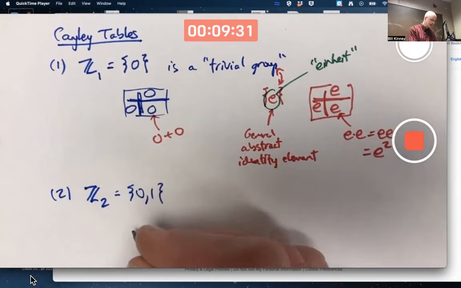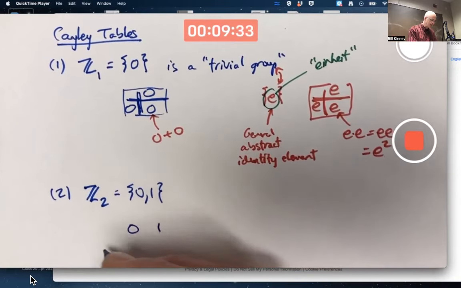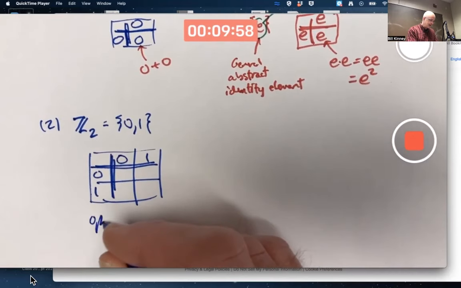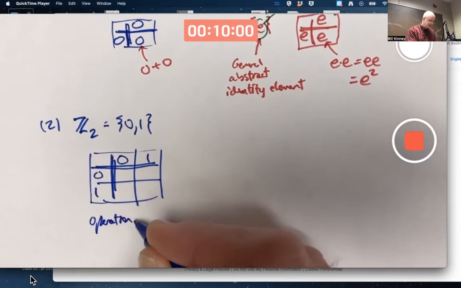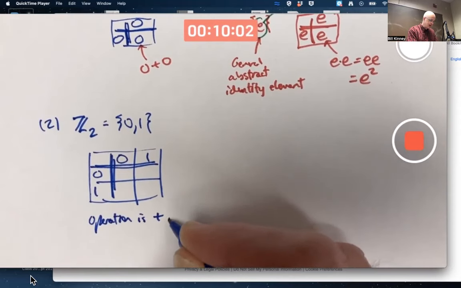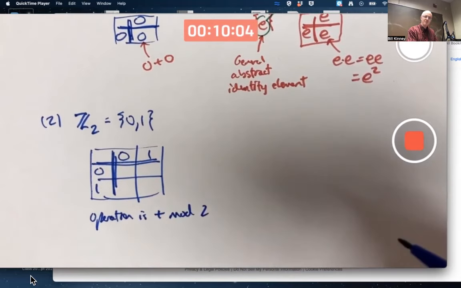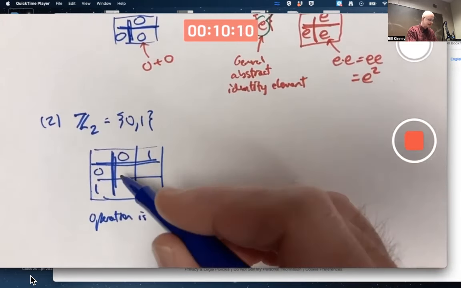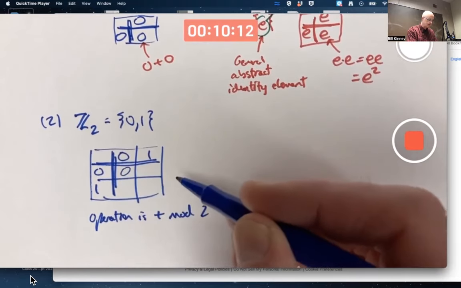So from this, I could create a Cayley table that's a little bit more complicated. The operation is addition mod 2. It's analogous to a multiplication table, but now it's an addition table. We are adding 0 plus 0. Yeah, that's 0.